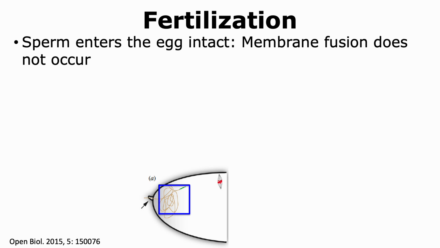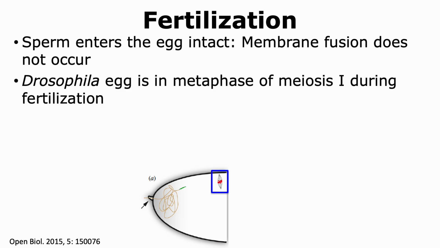When we look at the Drosophila egg, the egg is in the metaphase stage of meiosis 1 during fertilization. Thus, the entire process of meiosis has not been completed in the egg, and hence when fertilization occurs, we can observe the chromosomes present on the metaphase plate during meiosis 1.